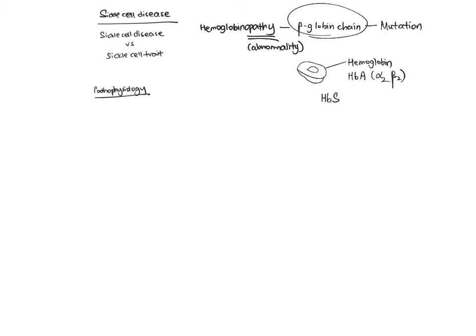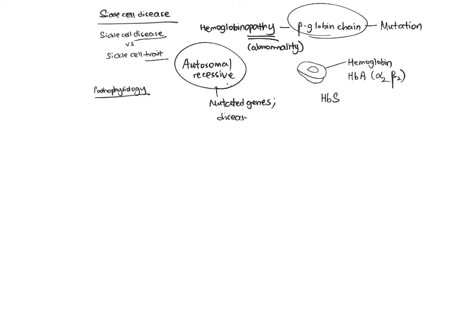So before we proceed further, I'd just like to explain the difference between sickle cell disease and sickle cell trait. Sickle cell disease is an autosomal recessive condition, and what that means is that you need two of the mutated genes to be present for the individual to have the disease.